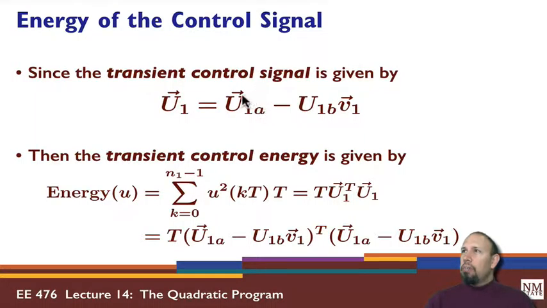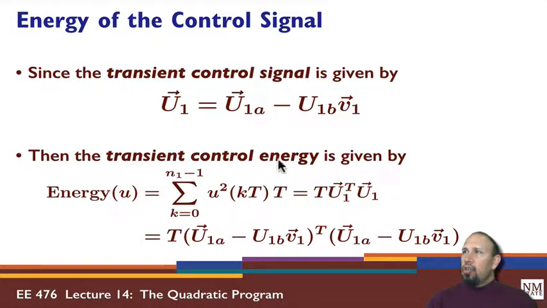And here you had a term that was a constant, and then a term that was a function of the parameters of our polynomial v1. And we're using, again, the concept of the expanded matrix here. So this is just a vectorized version of that expression that we had for the transient control signal.